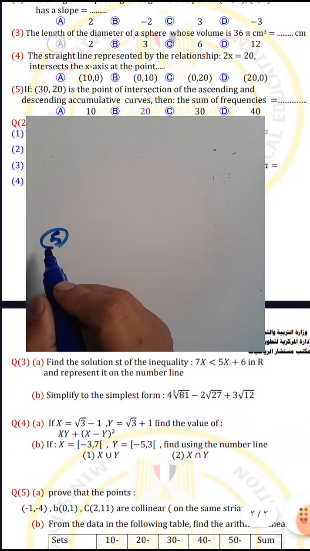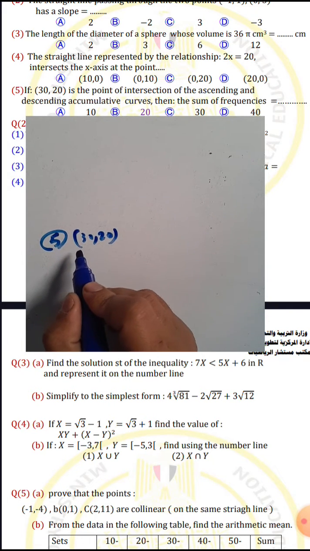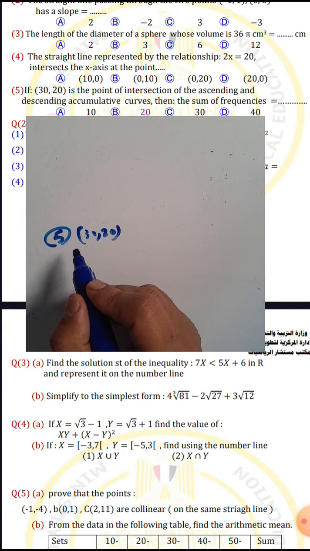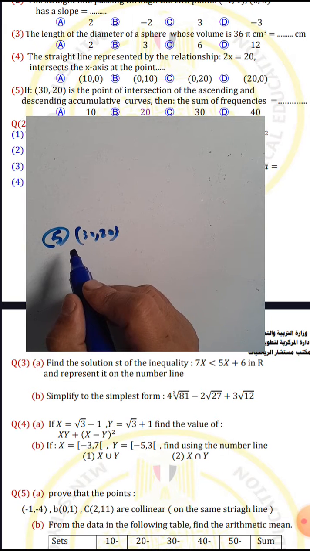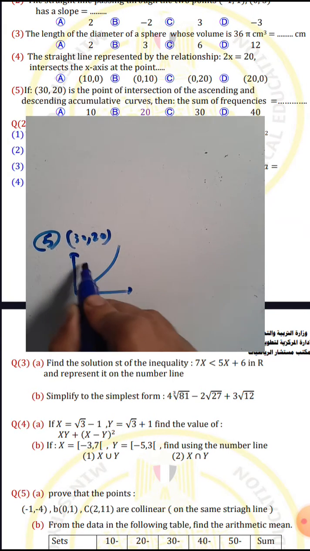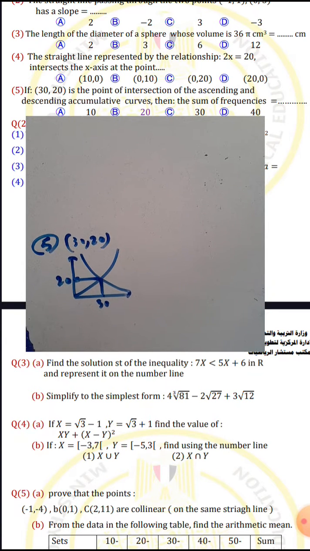Number 5. If (30, 20) is the point of intersection of the ascending and descending cumulative curves, then the sum of the frequencies equals what? Okay, we have curves here going up and down. There is an intersection at this point. The coordinates of this point are 30 and 20.